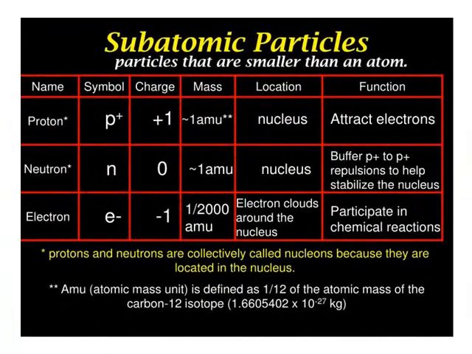Children, this slide gives you the different properties of the subatomic particles of an atom. So look one by one. Proton. The symbol for proton is a small p with a plus sign on the top, and it has a charge of +1 because protons are positively charged.